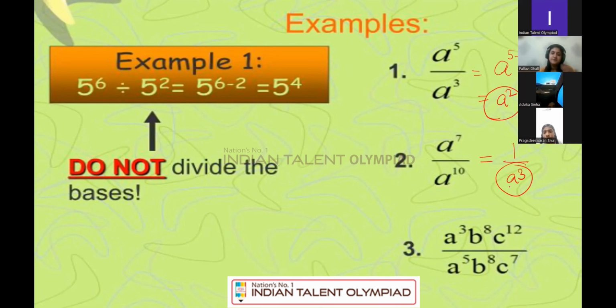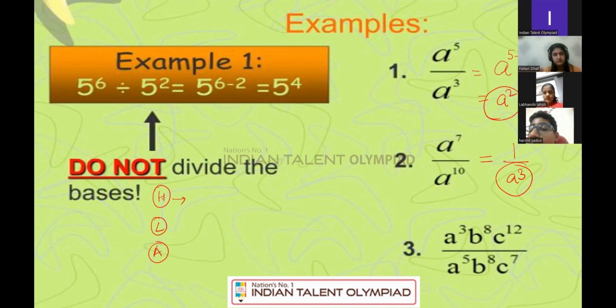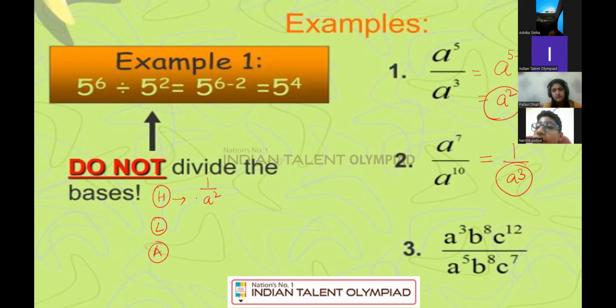So here the third one. Anyone will answer? Lavanshi, Harshit, and Anshul. Okay, first Harshit will answer, then Lavanshi, and then Anshul. Yes, ma'am, the first will be 1 by a squared, because there is an exponent difference.